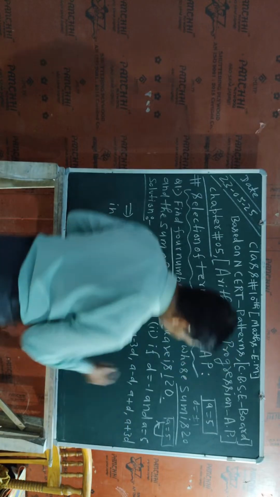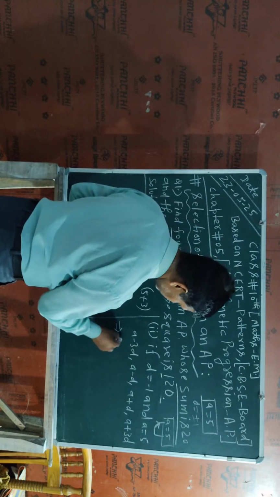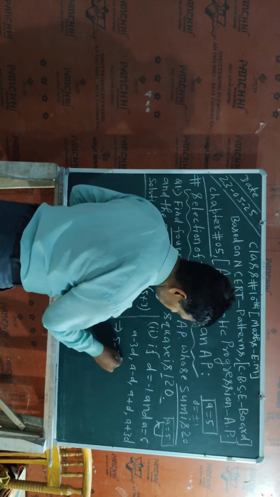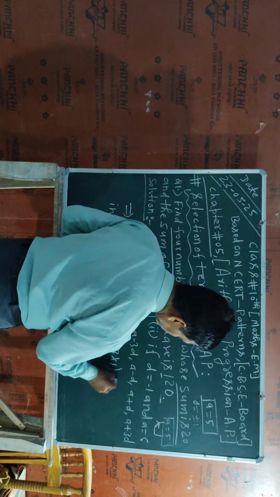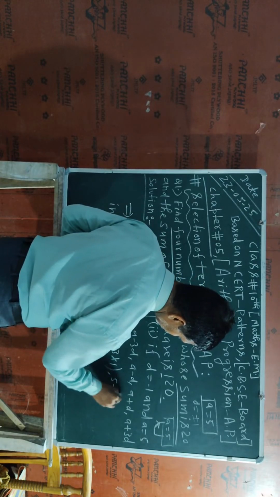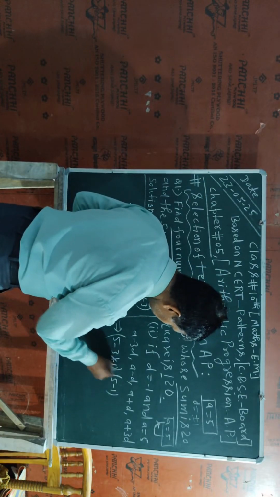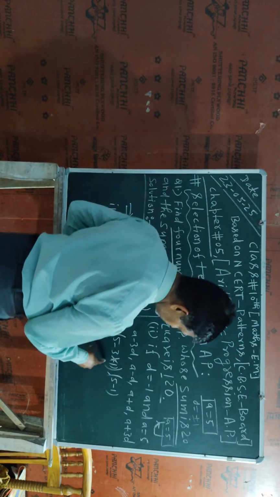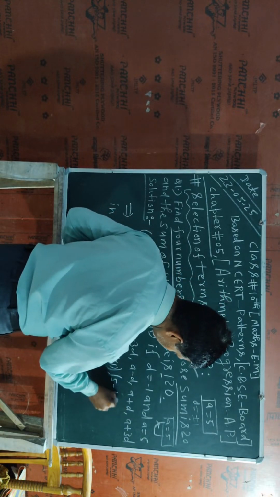So after simplifying I will write this value, that is the value of a is 5. Here I write 5 minus 3 into minus 1. Here I will say 5 minus 1, so in the place of b I have to put minus 1. Here I will also substitute minus 1.